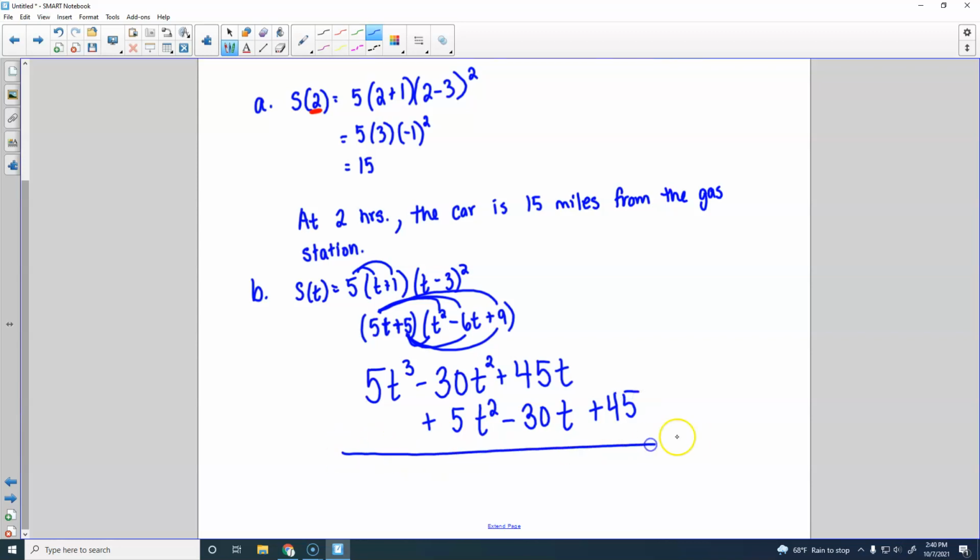And we'll add those together. So S of T is 5T cubed minus 25T squared plus 15T plus 45.